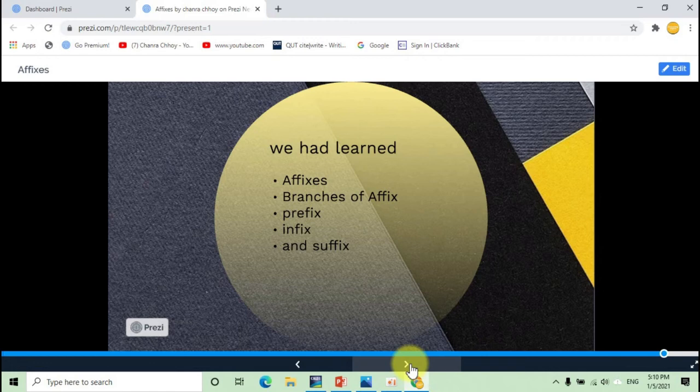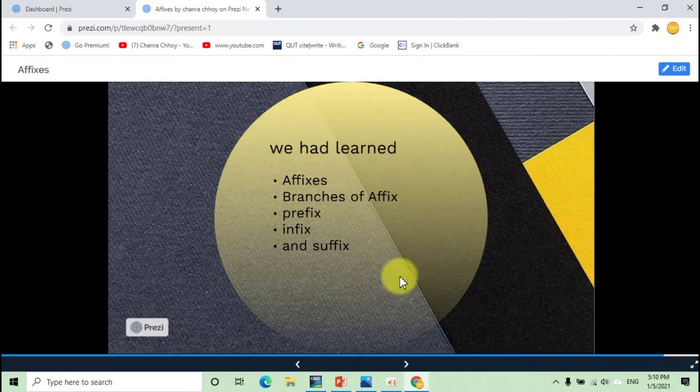Morphology comes from linguistics, and linguistics comes from language. So that is the flow connection, right? The branches of affixes are divided into three parts: one is prefix, two is infix, and the last is suffix.